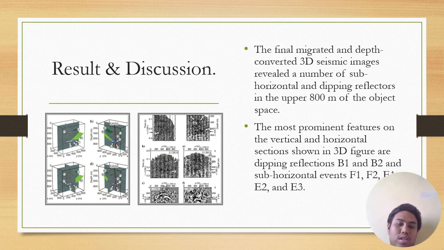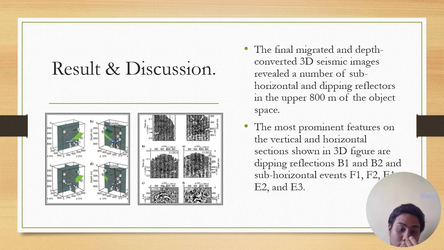For the result and discussion, this is the final result of the paper review, which is the final migrated, depth-converted 3D seismic image, which reveals the dipping reflectors in the upper 800 meters.